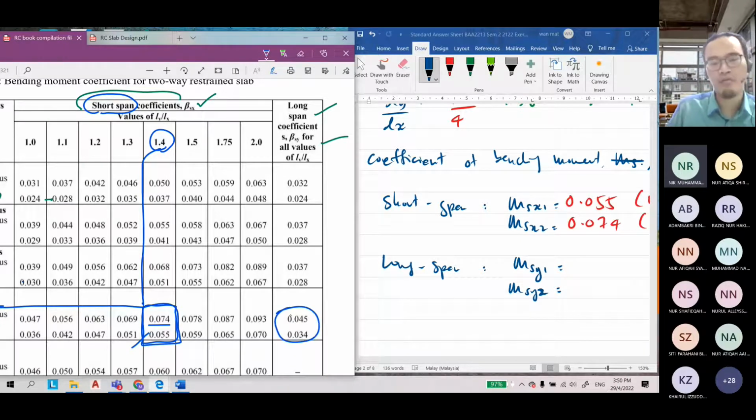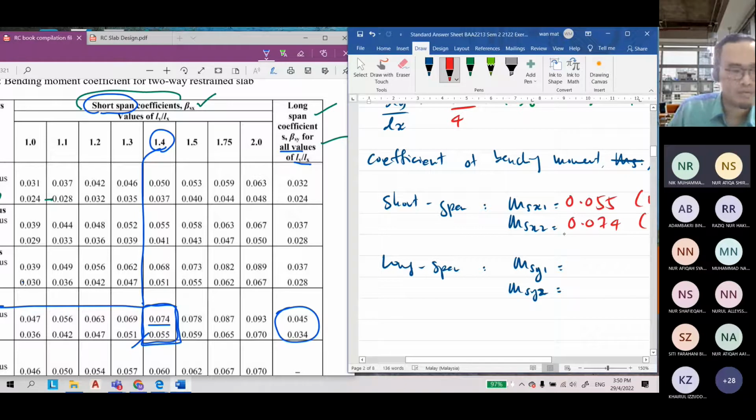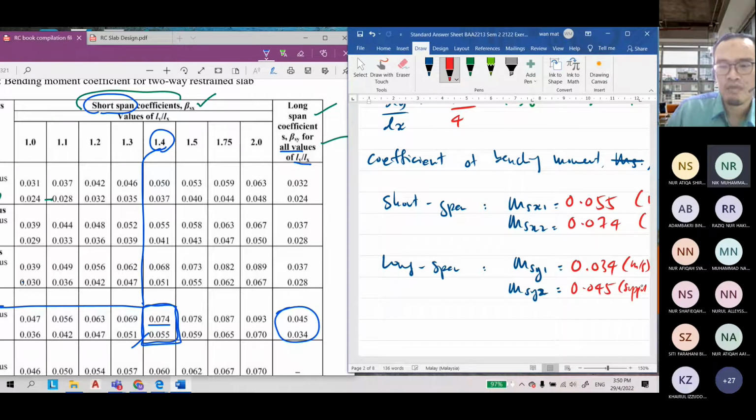Only one value for long span, the value for all values of Ly over Lx. So msy1, which is the value? 0.034. Okay, good. This is for mid span. And then 0.045 for the support.